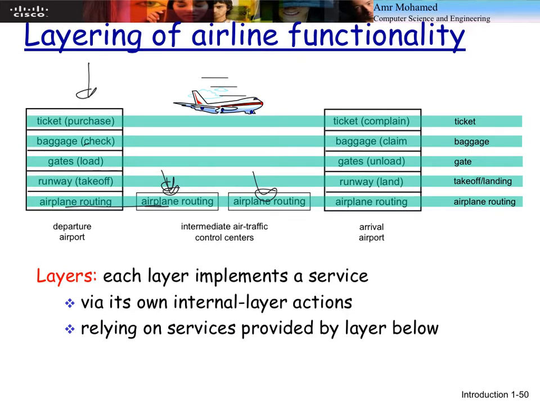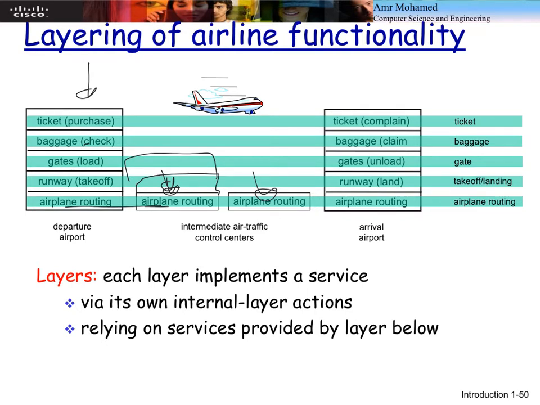So here you may have some layer depending on whether you get out of the airplane and go to the gate and reroute yourself, or in some cases you have to recheck in, reload your baggage and so on at intermediate points.